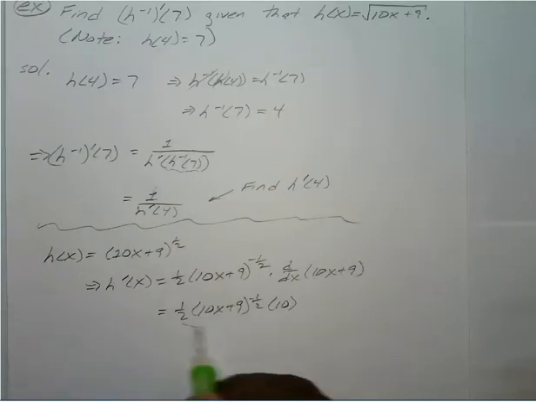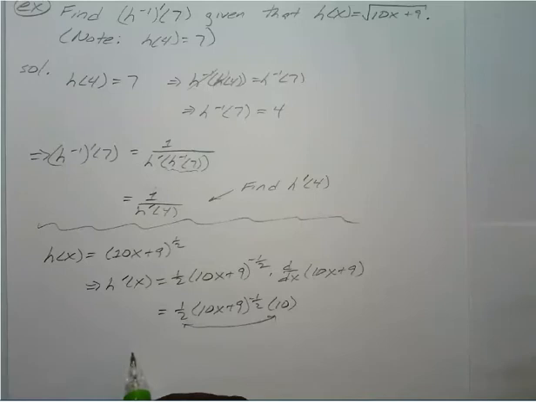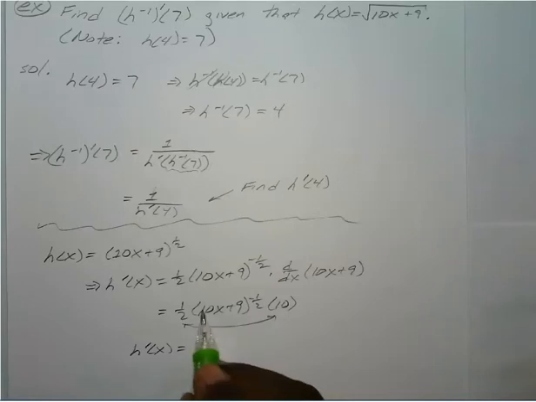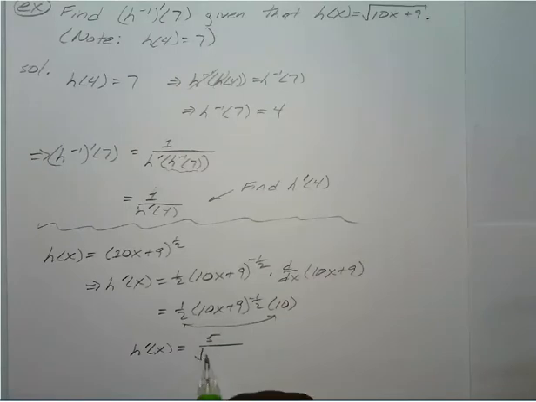Okay, so if we go ahead and combine the 1/2 and the 10, we know our h prime of x is equal to 5 times 10x plus 9 to the negative 1/2, or 5 over the square root of 10x plus 9.